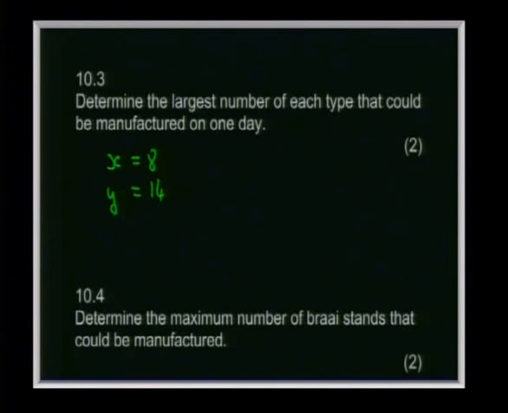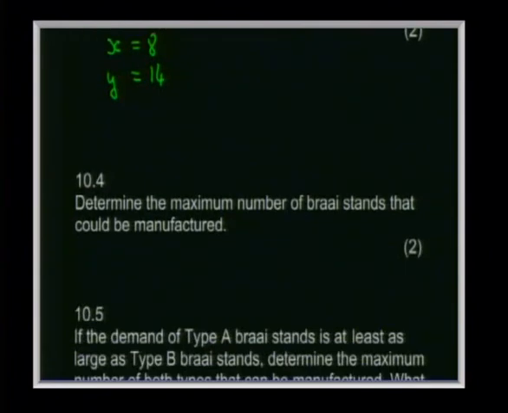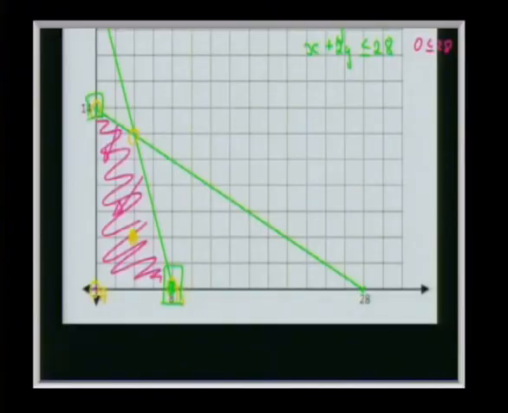10.4. Determine the maximum number of braai stands that could be manufactured. That's talking about a combination of braai stands. Now, having a look at our graph, let's see which points give us the maximum total number of braai stands. We could look at this first point over here, and that gives us 8 plus 0, which gives a total of 8 braai stands.